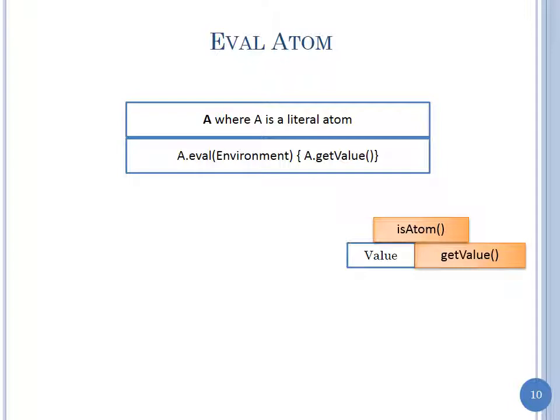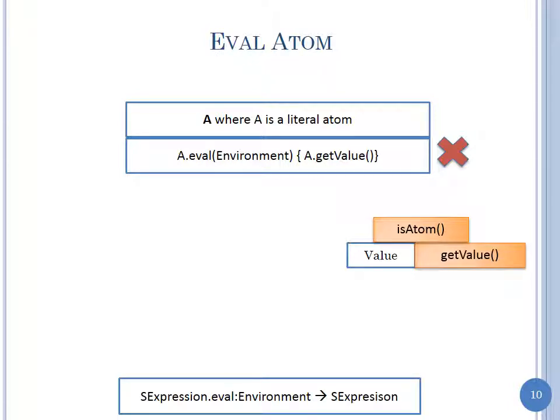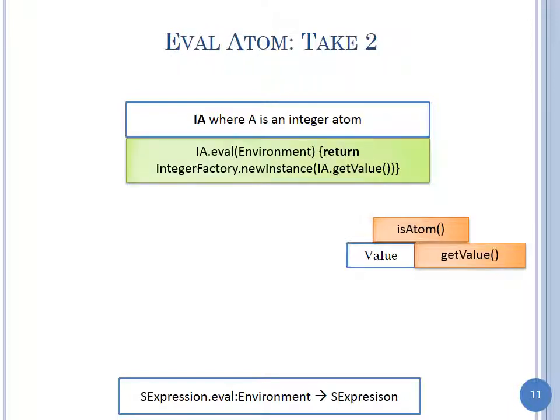So a little bit more complicated. What do you want to do now, based on the operations we already know? If it's an int value, we'll put it into an S expression. Use factory methods. The signature is that eval returns an S expression, so you need to wrap it into an S expression.